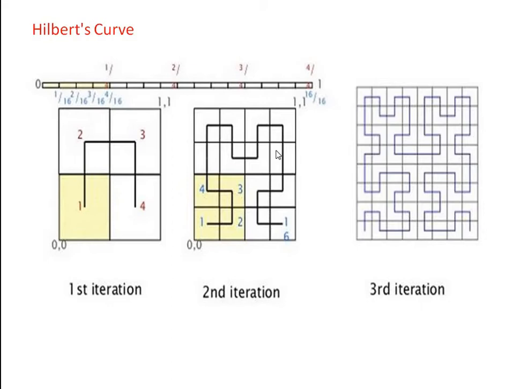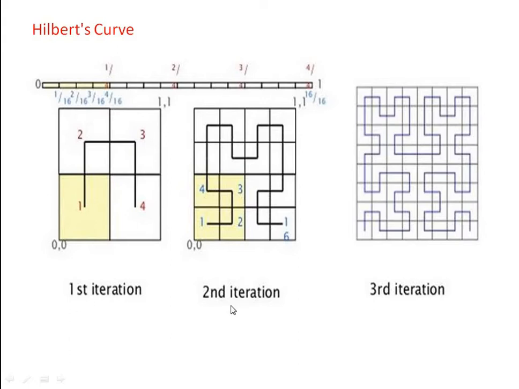Then the second approximation to the Hilbert curve can be drawn by further subdivision of each of the quadrants and connecting their centers before moving to the next major quadrant. This is the first, second, third quadrant for the first iteration.